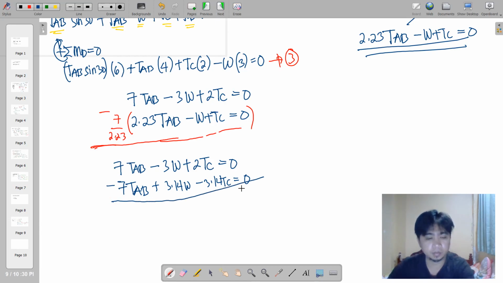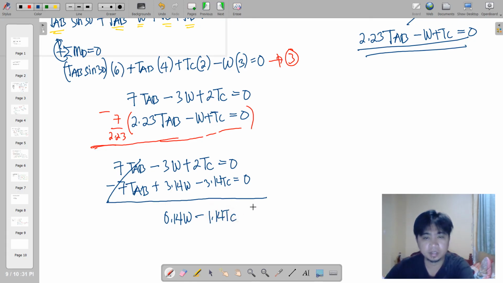So we perform the difference. Okay, so this is cancelled. So this is 3.14 minus 3 is 0.14 W, and then minus, negative 3.14 plus 2, we have 1.14 of TC is equal to 0.